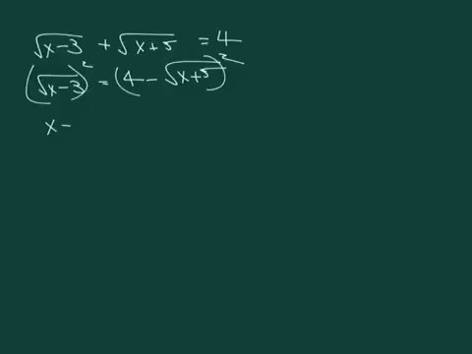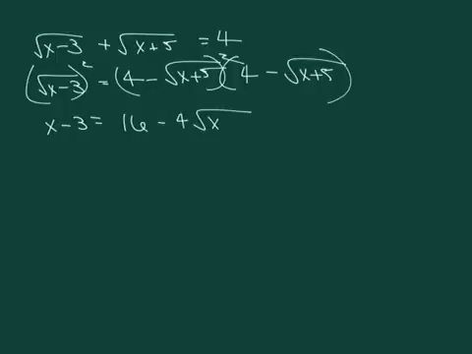That gives me x minus 3 here, so that's easy. But we have to use FOIL, so I'm going to write it twice just so you can see what's going on. Okay, 4 times 4 is 16. And outside would be negative 4 square root of x plus 5, so that was this one times that. And now the inside is going to be the exact same thing, minus 4 square root of x plus 5.